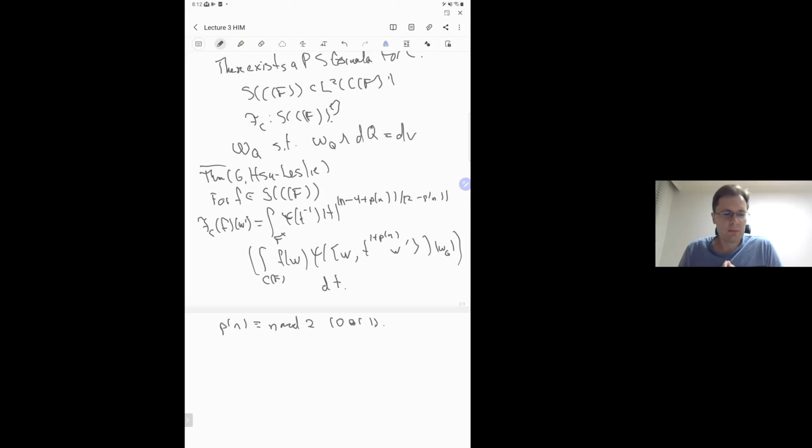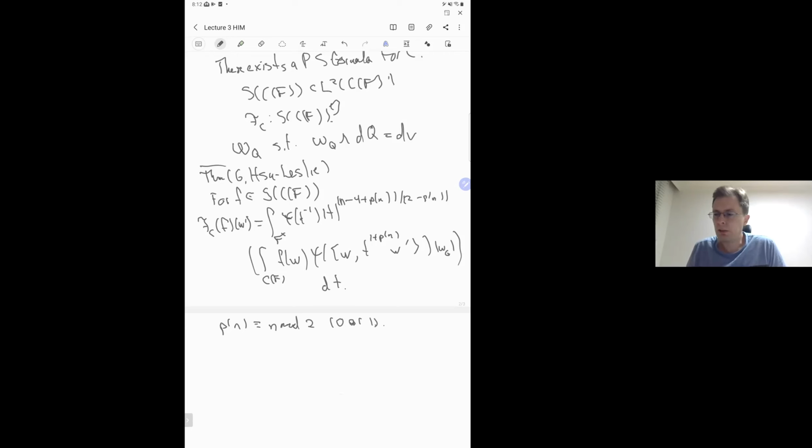So maybe another way to say it is, you could take this as a definition, which I think is the complaint, right? That, am I just defining something? So, one way to put this is that if you make this definition, then the Poisson summation formula holds if you choose appropriate basic functions.